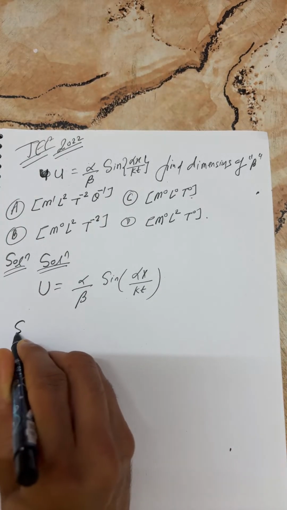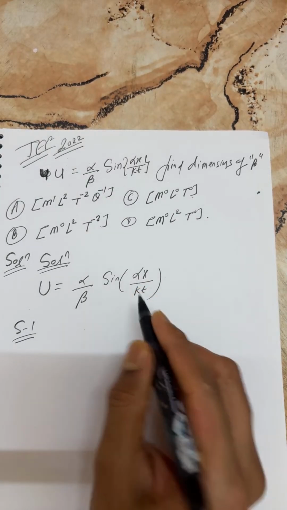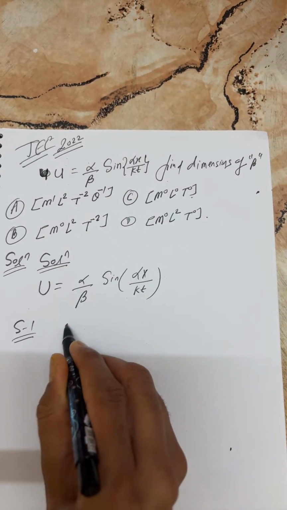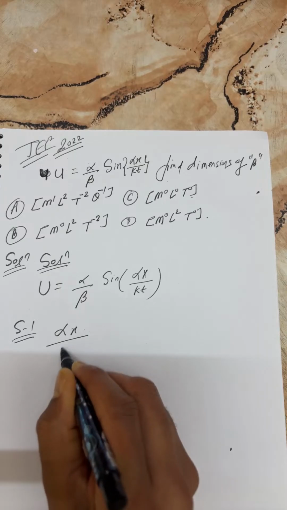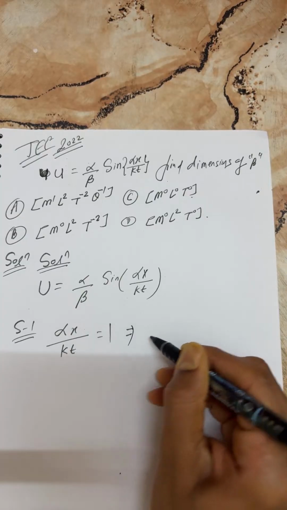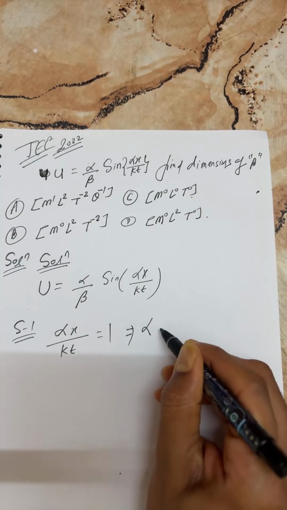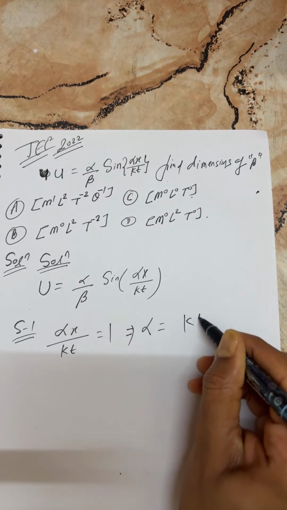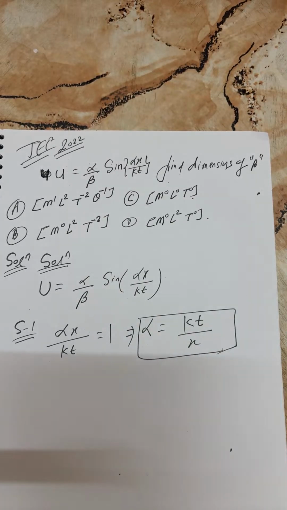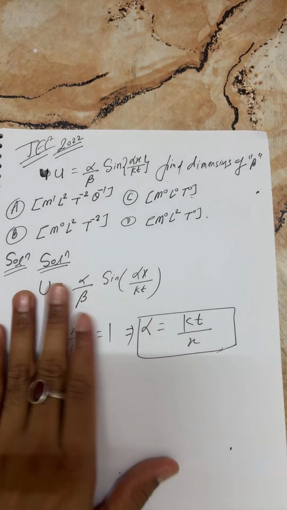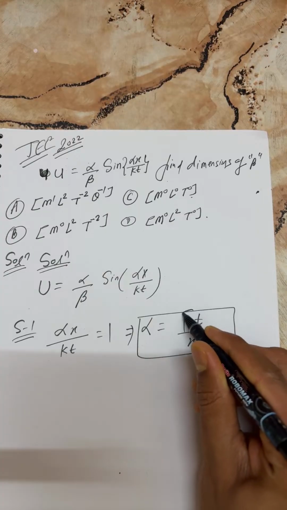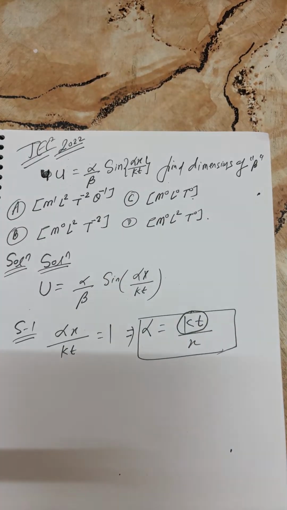So in this question, in step 1, first I'll find alpha from this expression. Sine is dimensionless, agreed. So alpha into x upon k into T is equal to 1. Simply, alpha is equal to k into T upon x. I'll use it directly, no need to find this, because further they will cancel. Now you know kT is nothing but energy only.